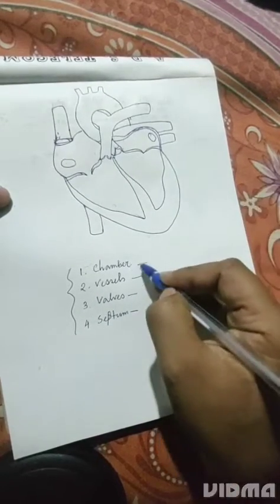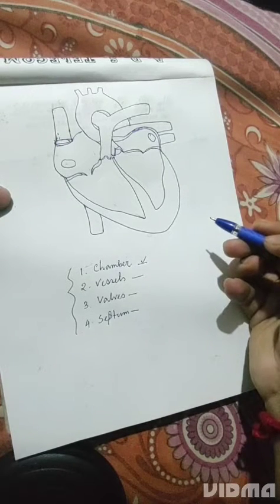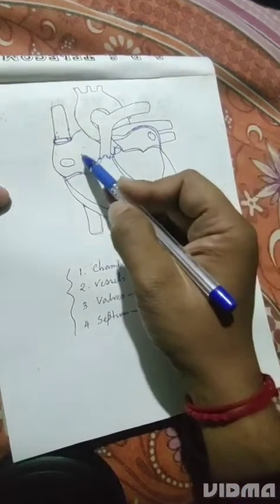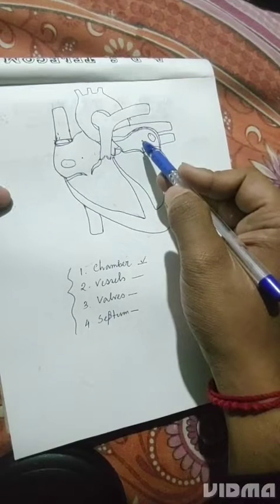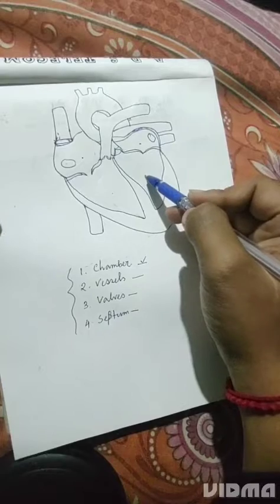So first we are coming with chambers. A normal mammalian heart, or you can say a human heart, has four chambers, right? Left auricle, right auricle, left ventricle, and right ventricle.